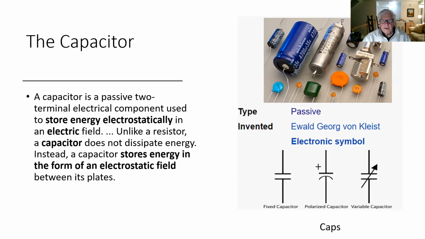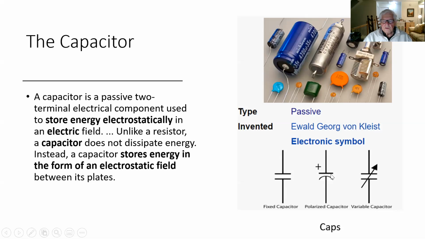To begin with, capacitors, as you can see, can be many different types. That's a variable capacitor, this is a polarized capacitor, and a fixed capacitor. Normally we use just a fixed capacitor. Variable capacitors used to be used in radios to tune in a particular radio signal.